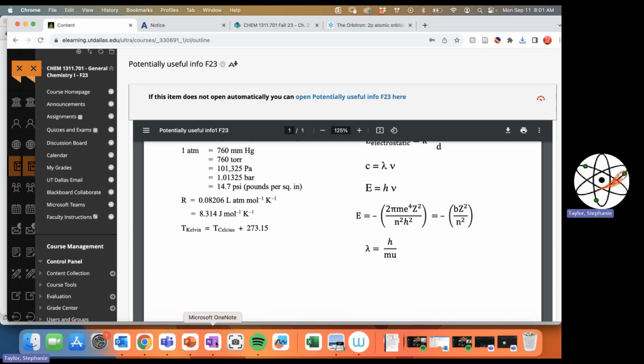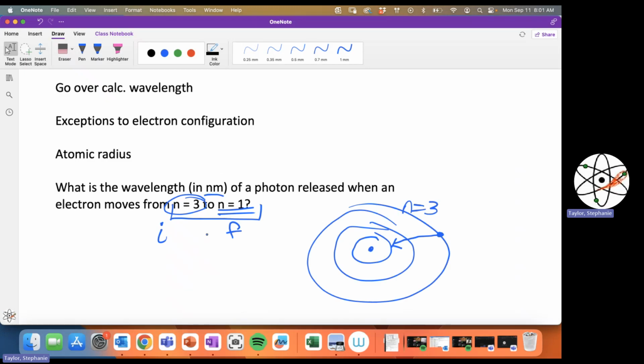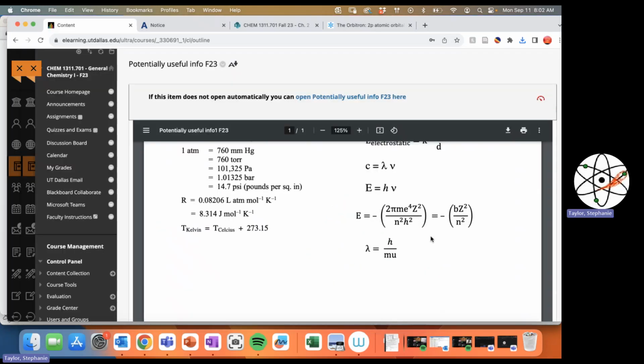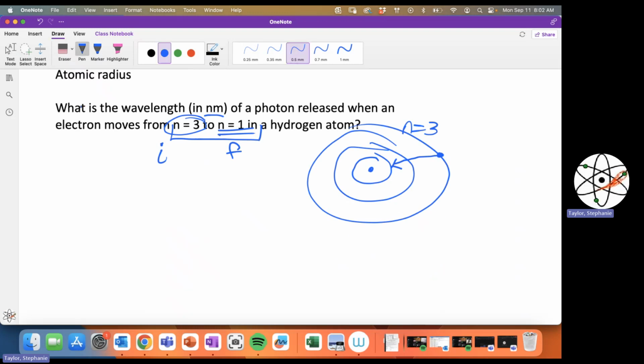I should say in a hydrogen atom, to use that equation properly. So we have E equals negative bZ squared divided by n squared.